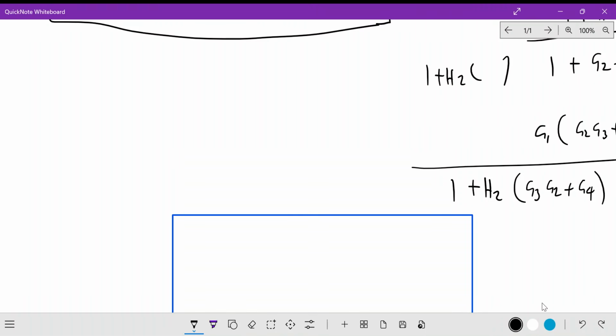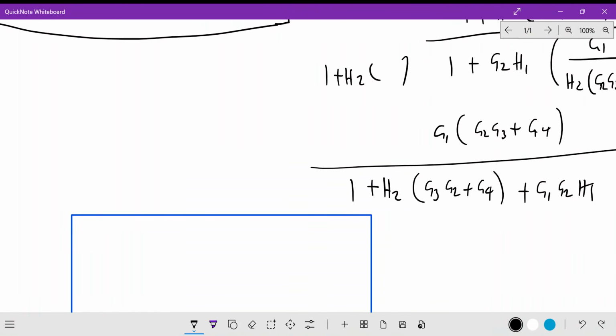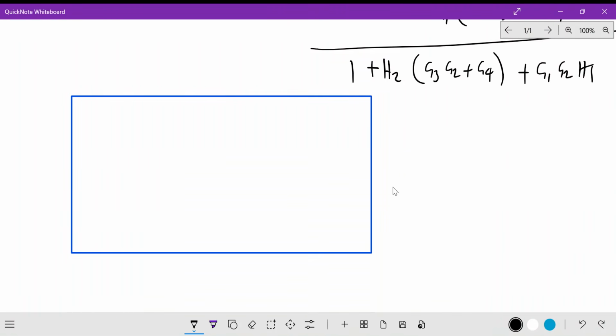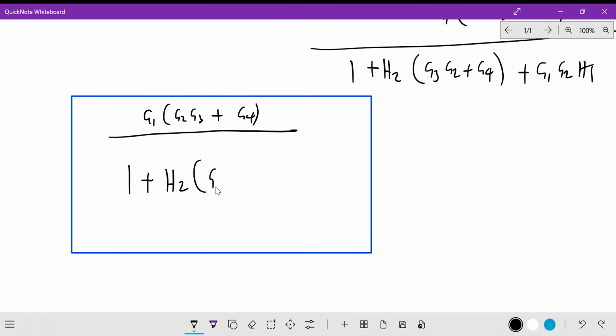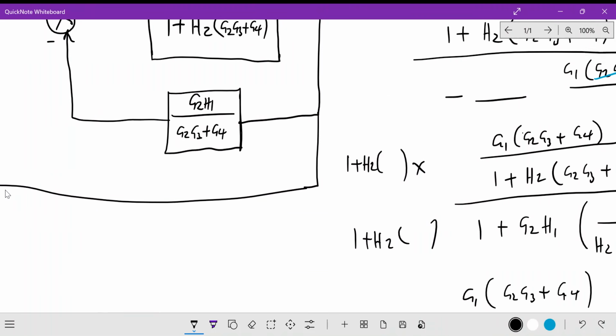What I'm going to write inside this block is G1 multiplied by G2 (G3 plus G4) over 1 plus H2 times (G3 G2 plus G4) plus G1 G2 H1. Okay, so this is a simplification of these guys.